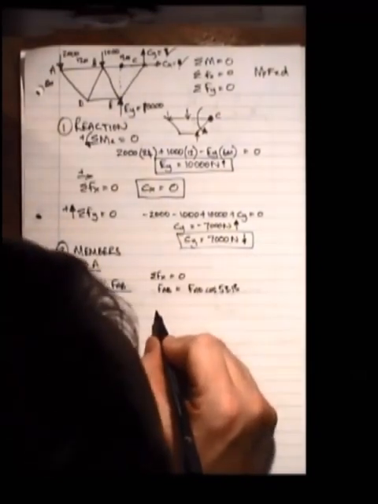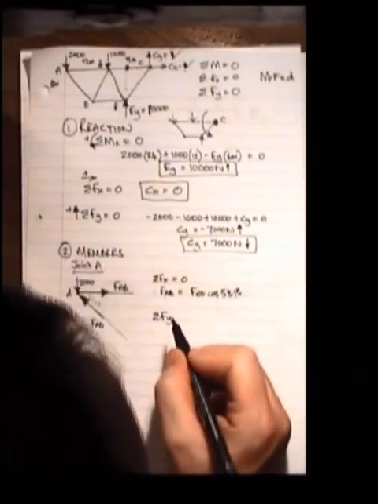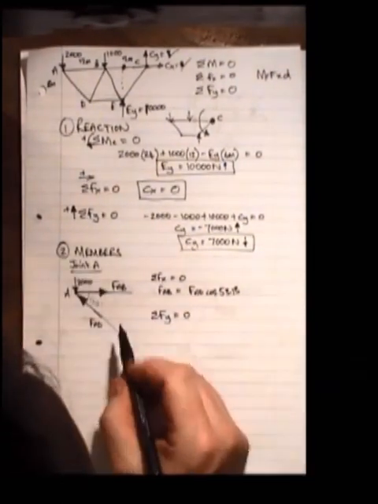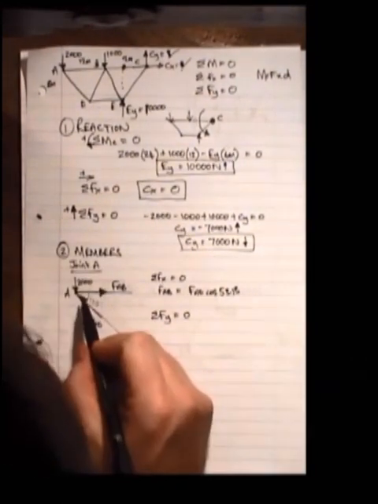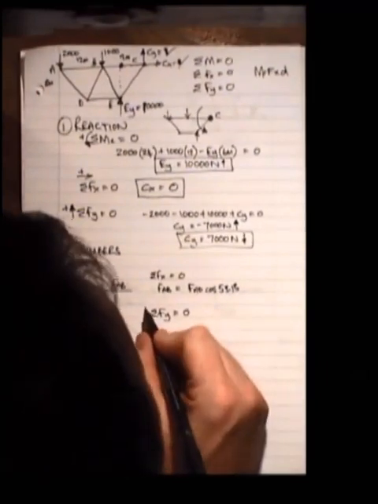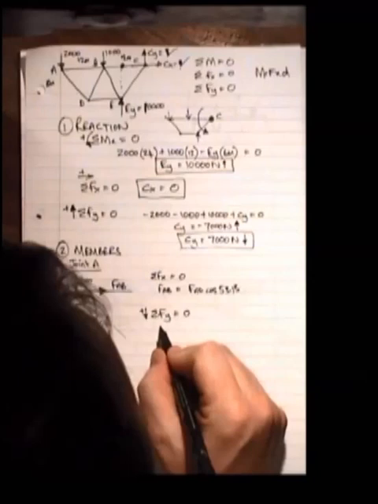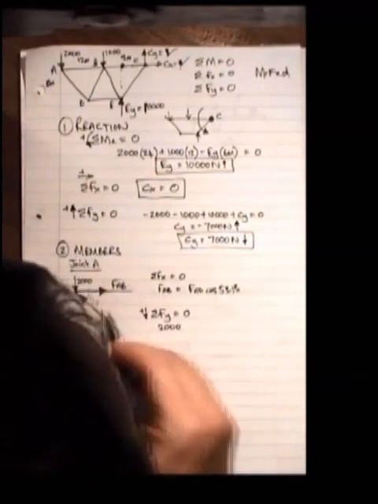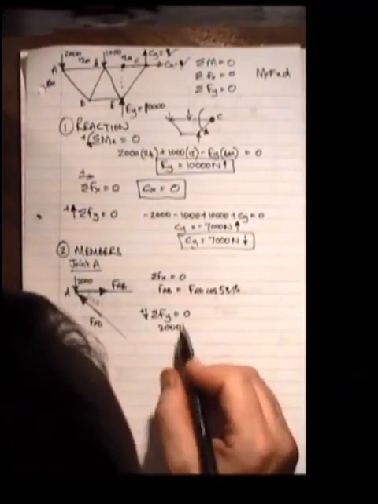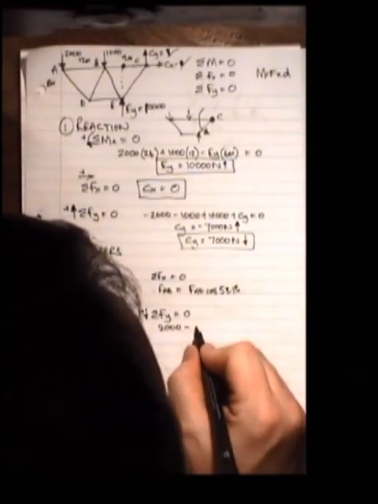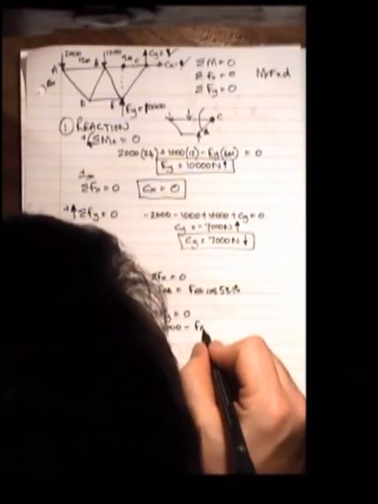So let's look at our forces in the y direction. That will equal 0. So we've got 2,000, so we're saying everything that's going downwards, we'll say that's a positive. So we've got 2,000, our force about this point. And then going upwards, we've got FAD.